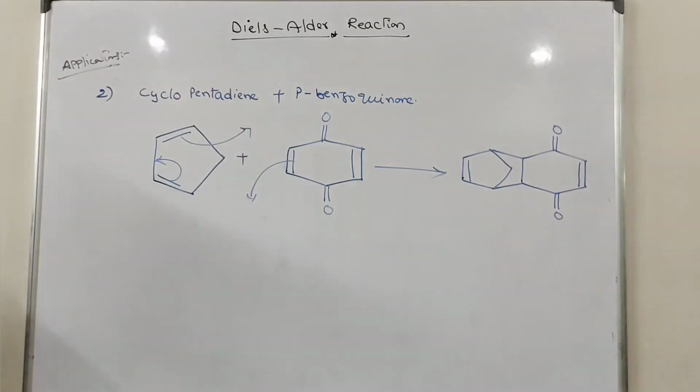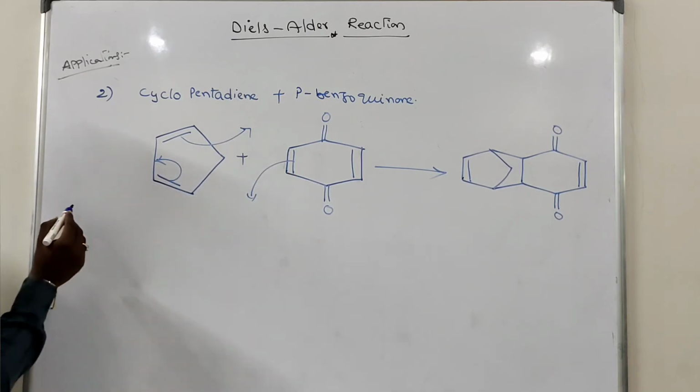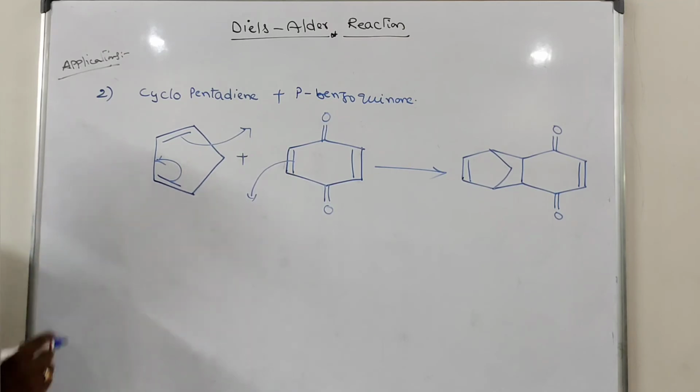This is the product formed when cyclopentadiene and para-benzoquinone undergo the Diels-Alder reaction.